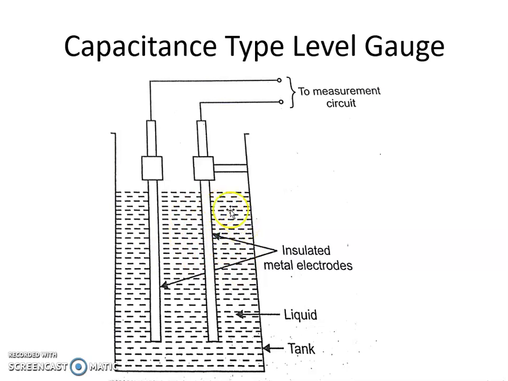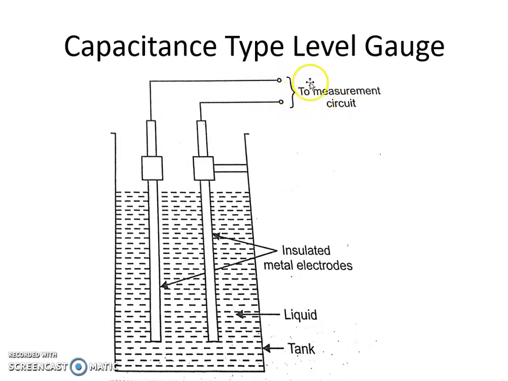When the liquid level increases, the dielectric constant of the liquid also increases, and therefore the capacitance of the capacitor also increases. This change in capacitance is measured by means of a de Sauty's bridge or any of the bridges used for the measurement of capacitance.